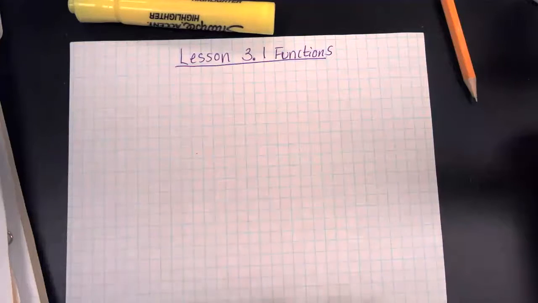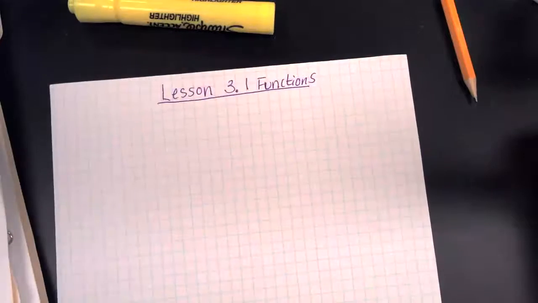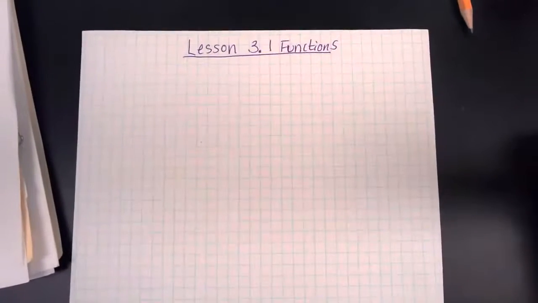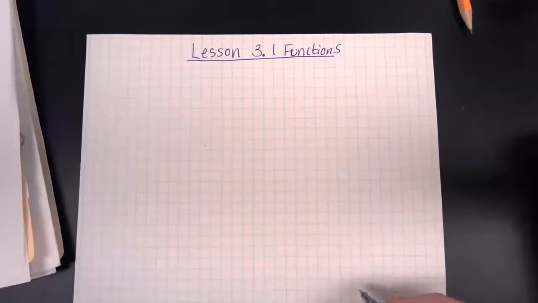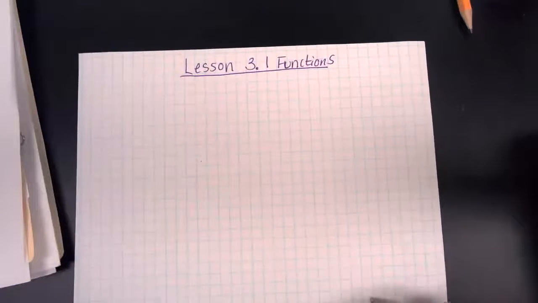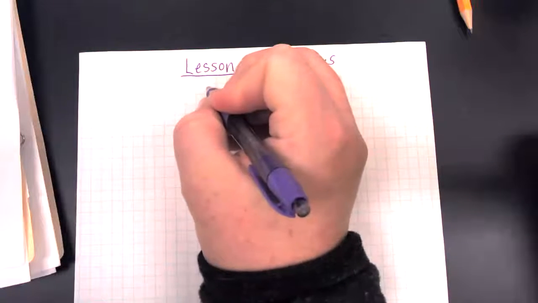Okay, everybody, so we're going to get started on 3.1 functions. This section is pretty heavy with vocabulary. You might be like, oh, vocabulary is for English, but vocabulary is really important when we talk about math.